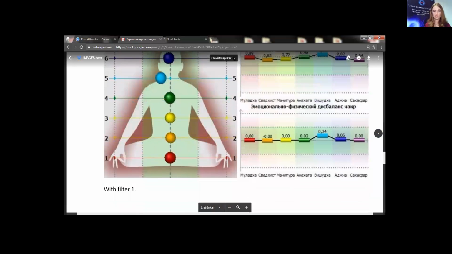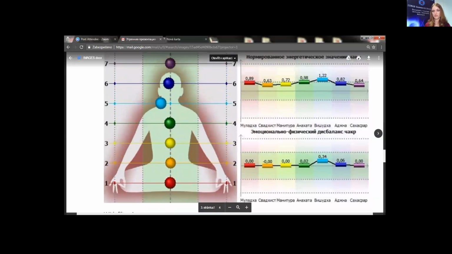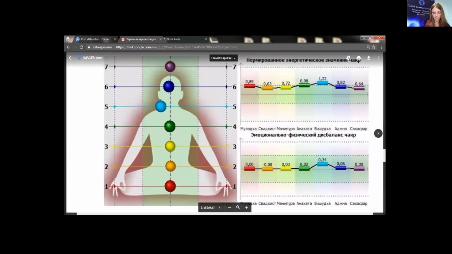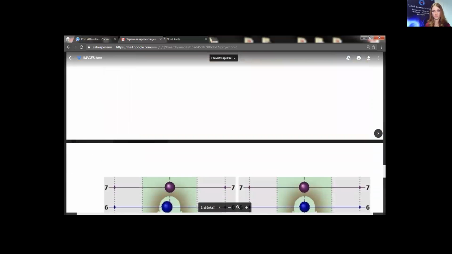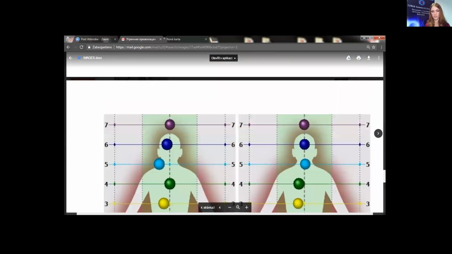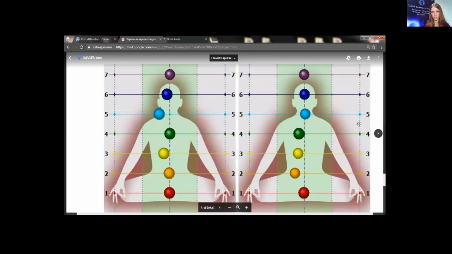And now let's see the condition of the chakras after the emotional release of the lady, after that psychological practice, when she calmed down and felt quite balanced. The one on the left was taken without filter, and the one on the right was taken with filter.